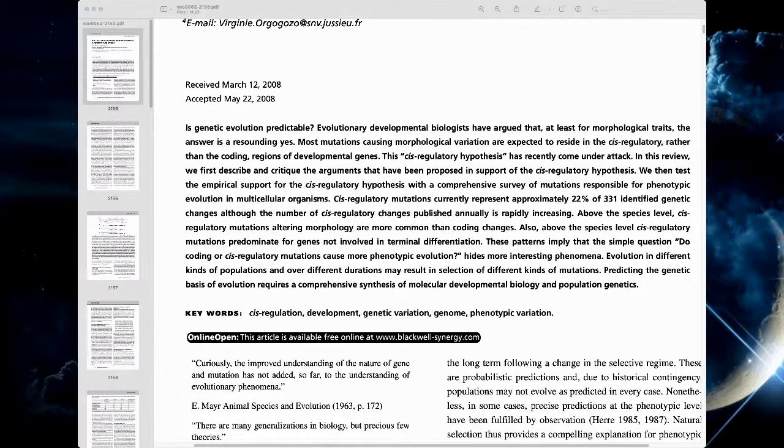I think the cis-regulatory hypothesis is specifically saying that most morphological evolutionary changes are regulatory, right? Yeah. And cis-regulatory is something within the neighborhood. Right.